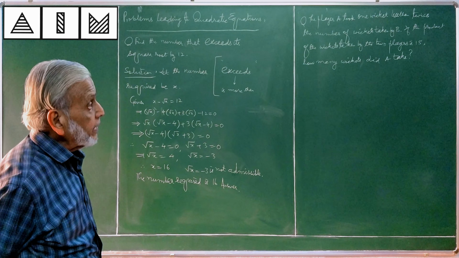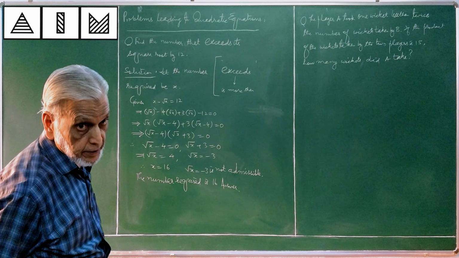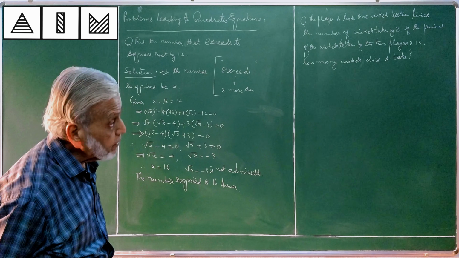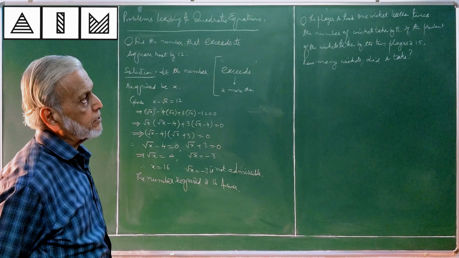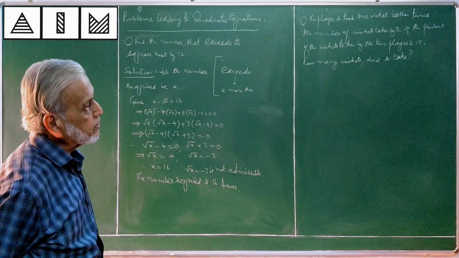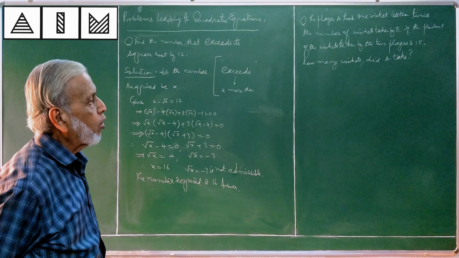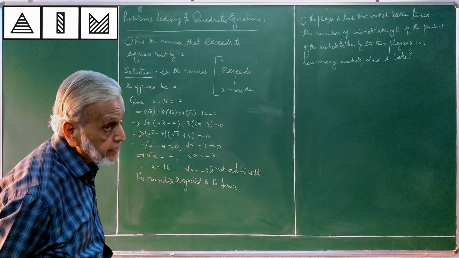The player A took 1 wicket less than twice the number of wickets taken by the player B. If the product of the wickets taken by the two players is 15, find how many wickets did A take.